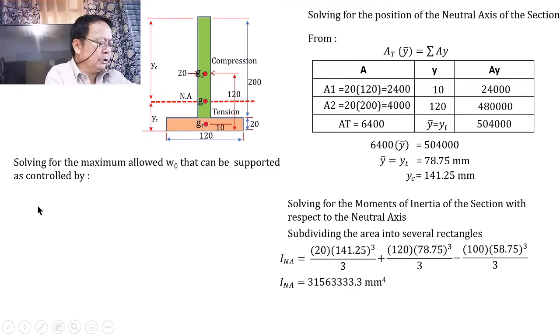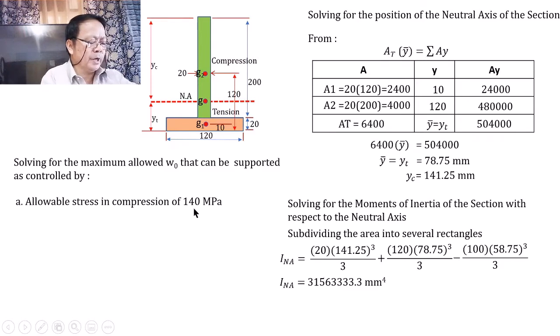So unahin natin computin if this will be controlled by the maximum allowable stress in compression. Ito yung magko-control sa kanya. And the maximum distance of this fiber will be 141.25.